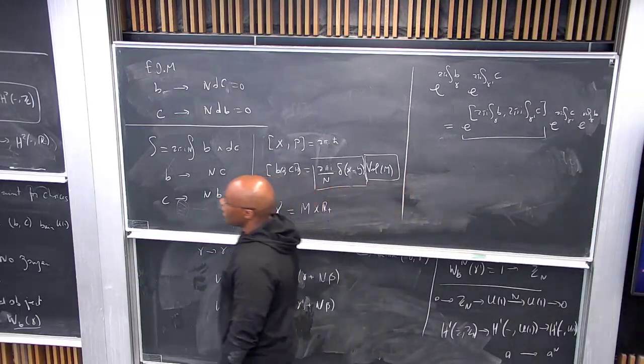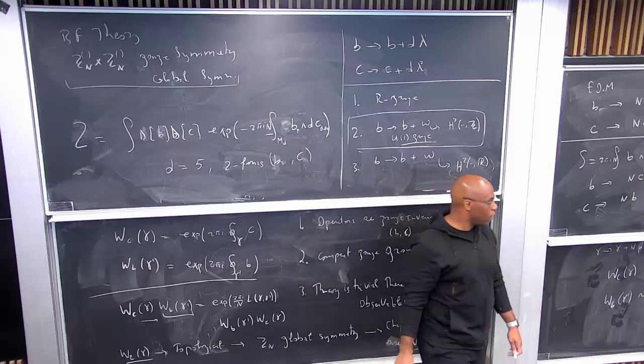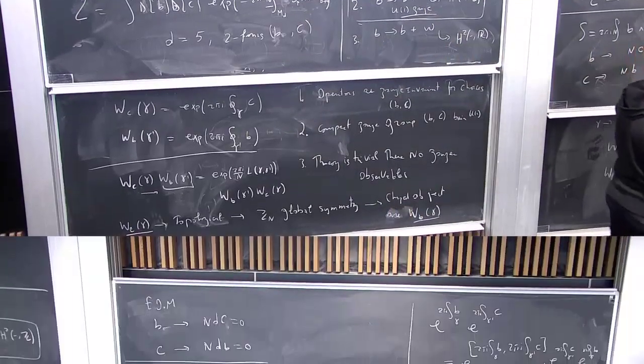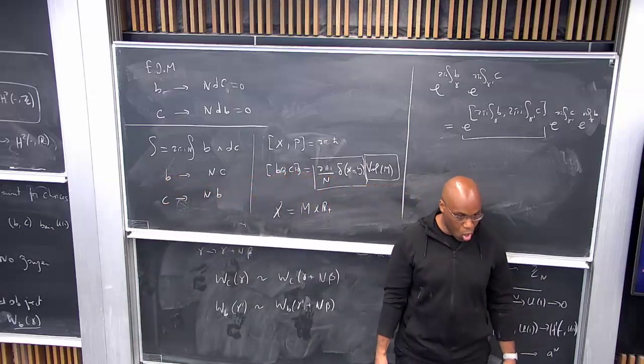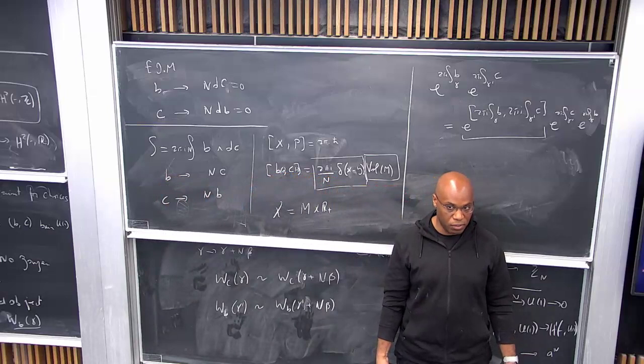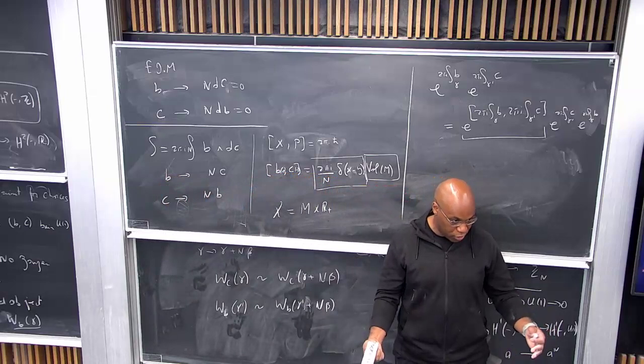So I constructed this to be a U(1) times U(1) theory. But at the end of the day, when I analyze this theory, I see that only the gauge fields that are in Zn times Zn are the ones that survive. All other ones are projected out.